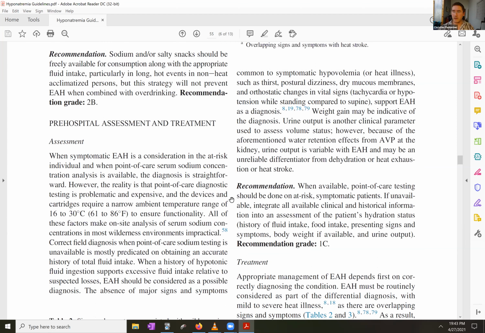Point of care should be done, but again, limitations of the equipment. And we can assess the patient's hydration status if they are able to tell us how much of what kind of fluid they have ingested, what kind of food they've ingested, and they're presenting signs and symptoms, which are further down on this, that we can use.